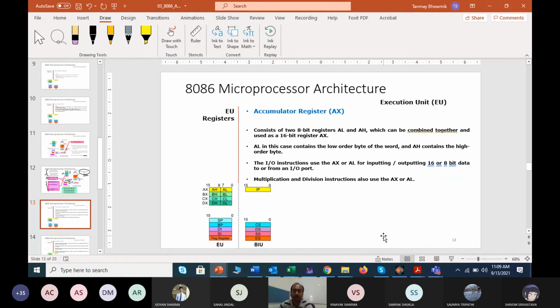IO instructions use AX or AL for input output. Whenever you give 16-bit data, you use the whole AX register. If you use 8-bit data, your AL register will be active.